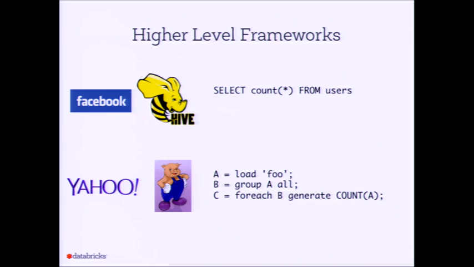And Pig was done by Yahoo, actually by a Berkeley alum, Chris Olston, around the same time. Pig gives you a query language that's similar to SQL but not exactly the same, and it also compiles this query language into MapReduce jobs for execution on a cluster.